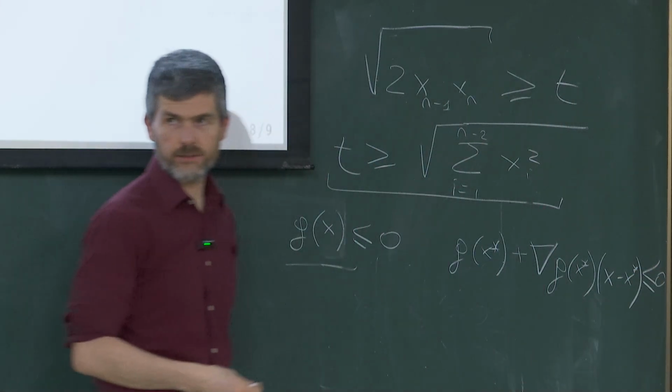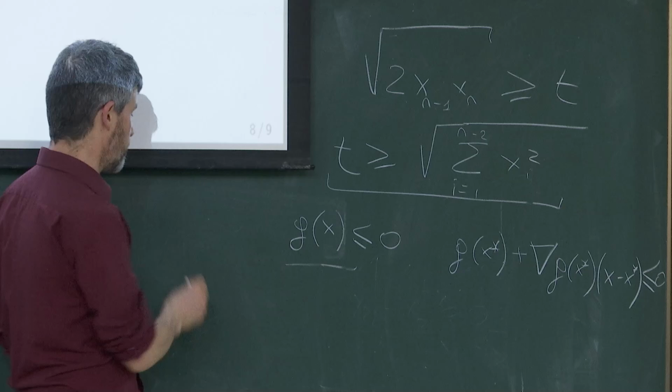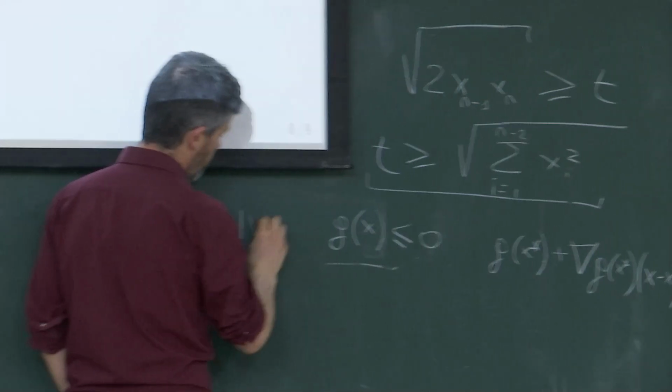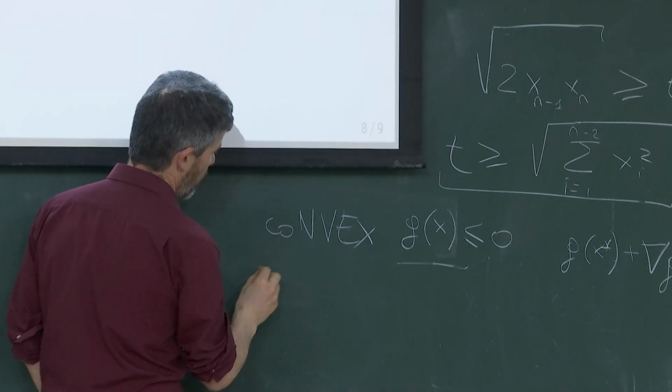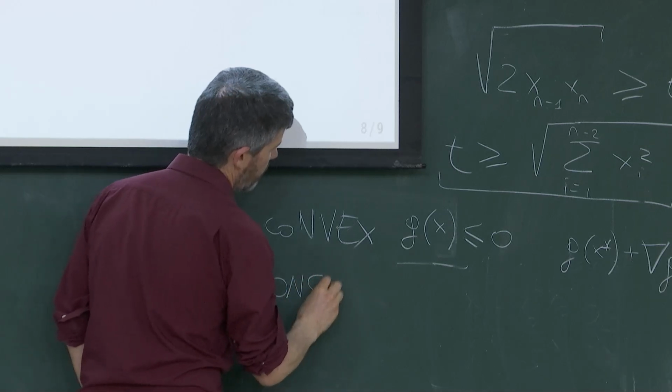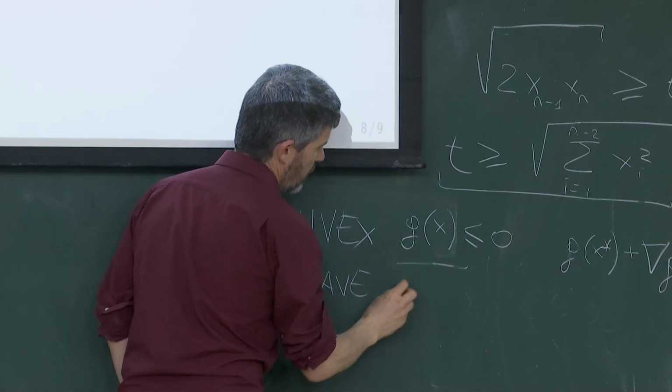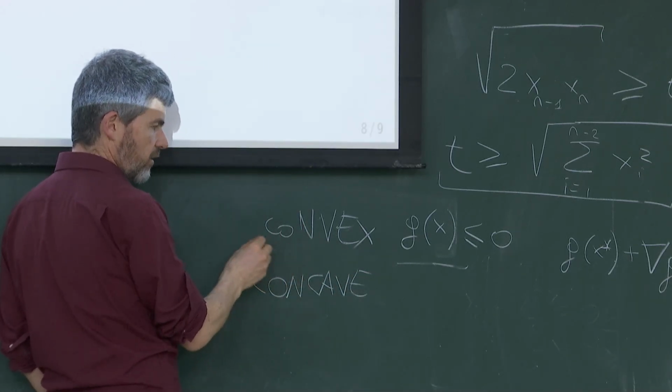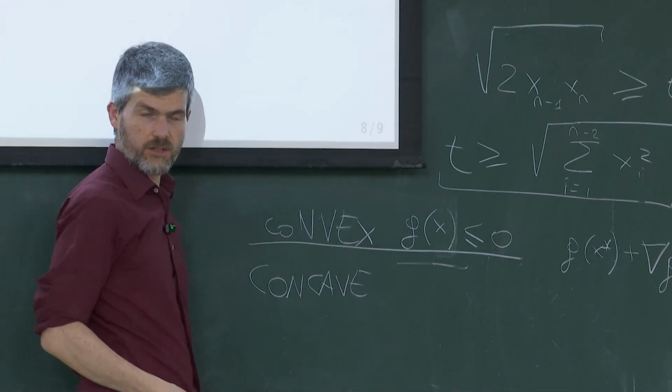This is a valid cut for a convex function g. So if g is convex, if h is concave, if g is convex, this constraint is a convex constraint.